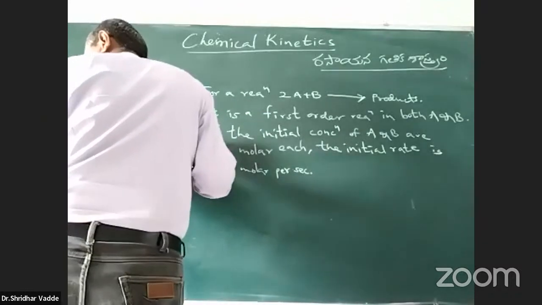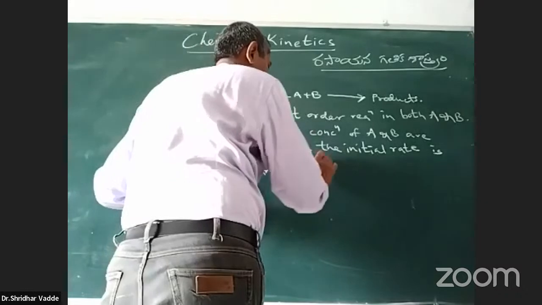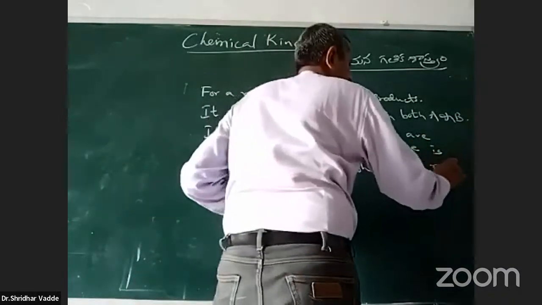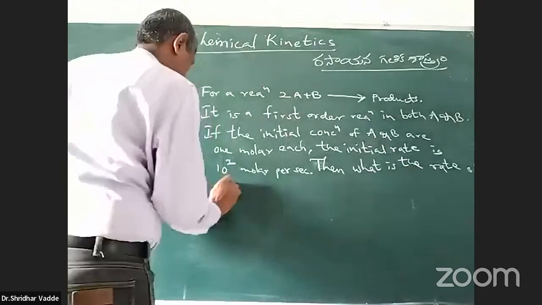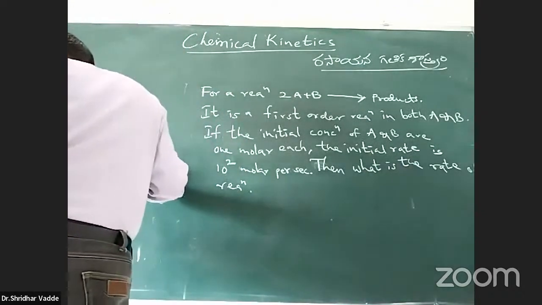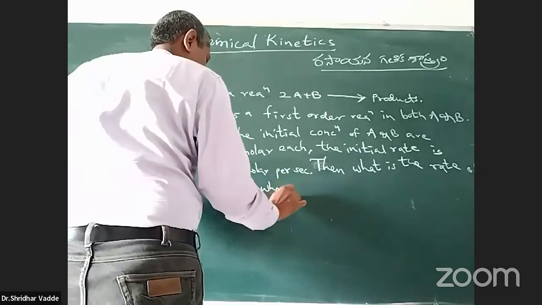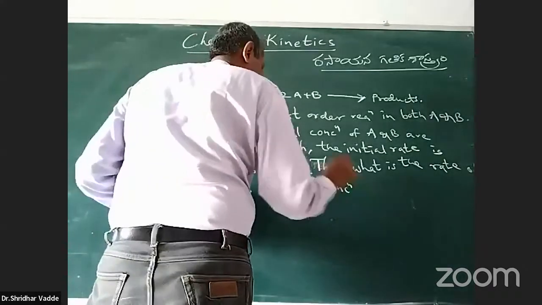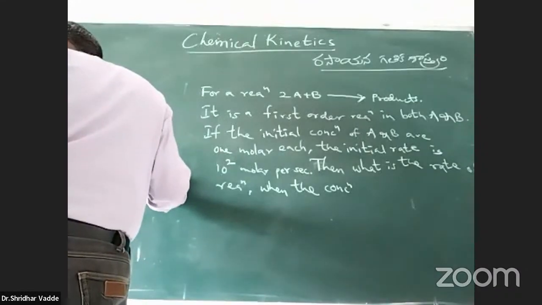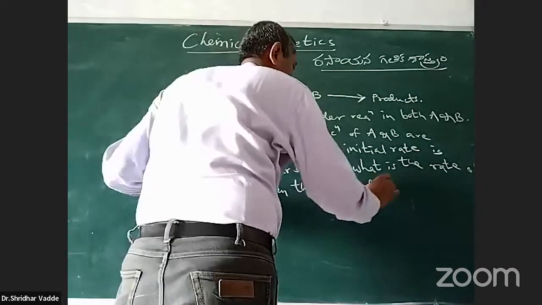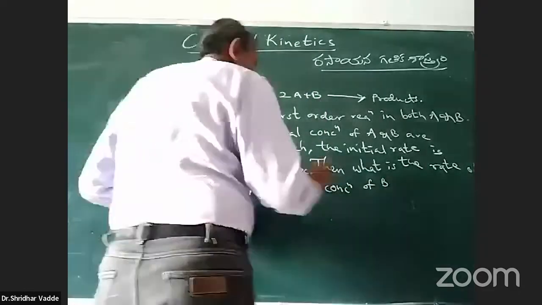Then what is the rate of reaction when the concentration of B becomes 0.8 molar?